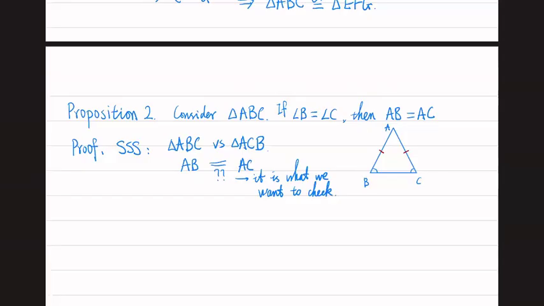So we haven't verified that they're the same yet. We only know that these two angles have the same measures. We wanted to check these two edges have the same lengths. Okay, so this is not ready.